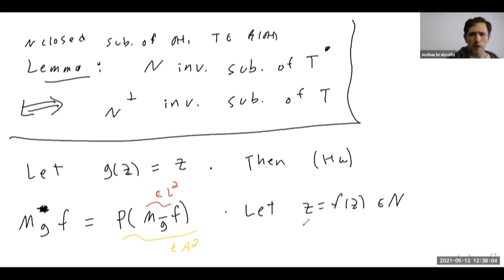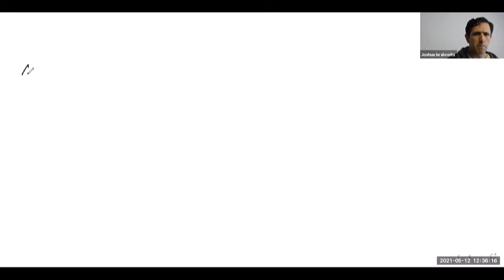Okay, so I claim that M_G star of f is not in N. So what is this?